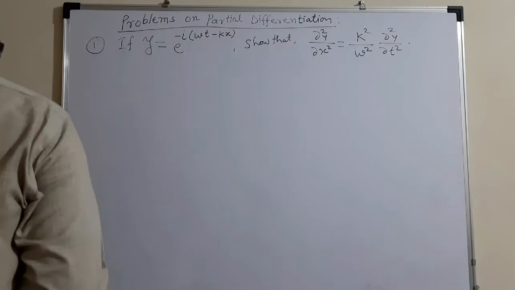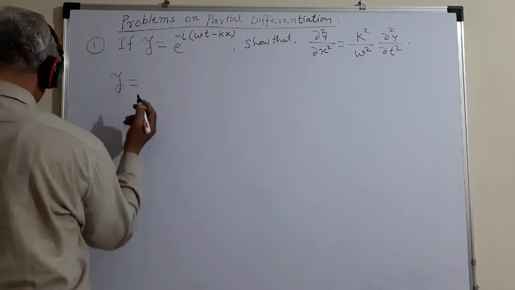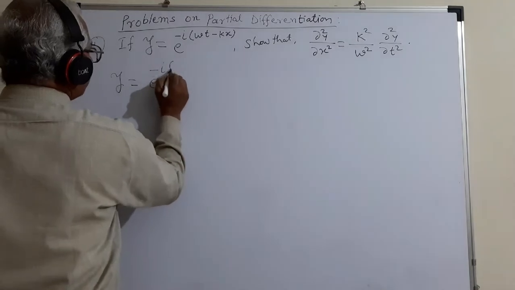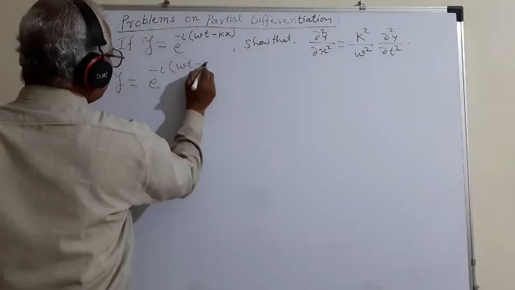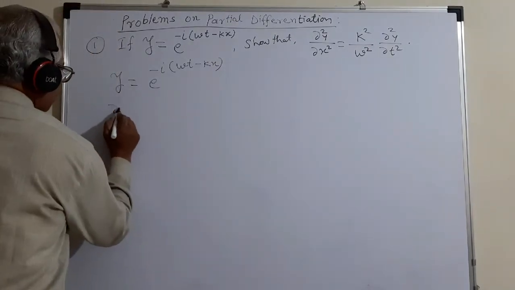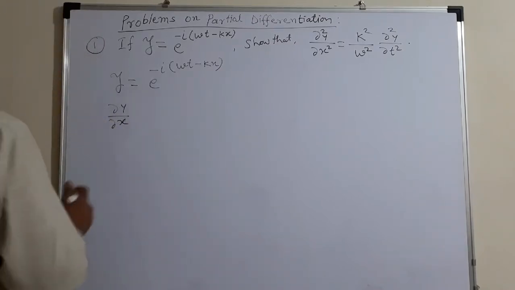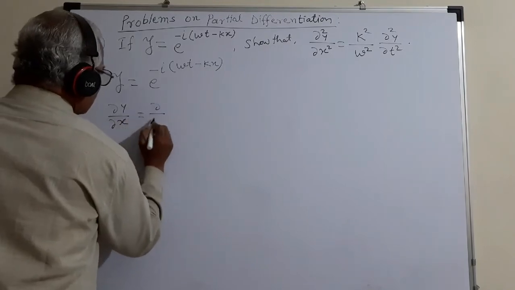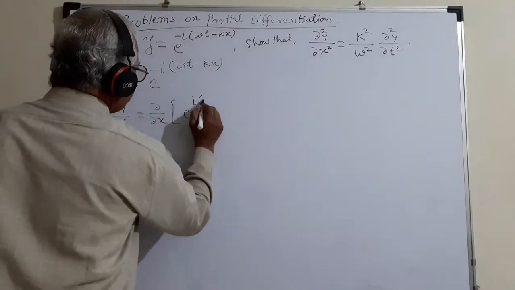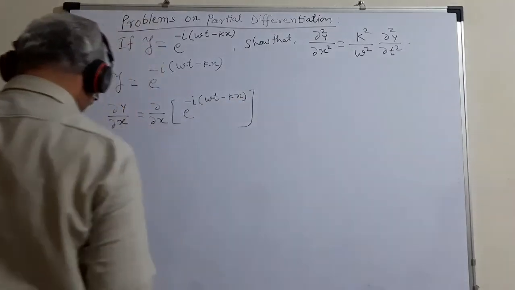So since we have the given expression for y as e raised to minus i into bracket omega t minus kx, we can differentiate y partially with respect to x. So we get ∂y/∂x as ∂/∂x of e raised to minus i into bracket omega t minus kx.